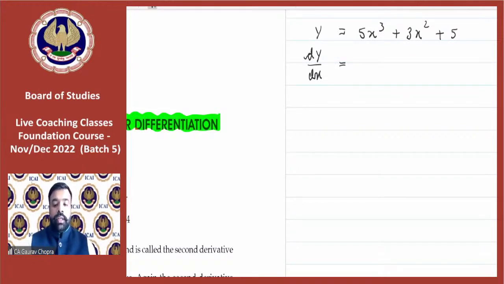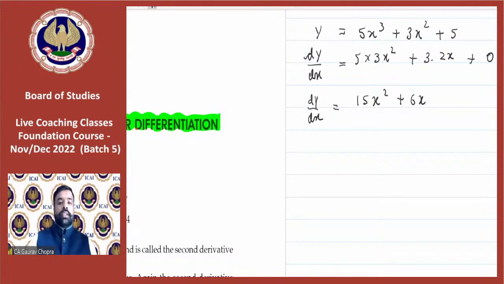For 5x cube, the derivative would be 5 multiplied by 3x square, because power reduces by 1, plus 3 as it is, x square becomes 2x. And 5 is simply a constant, and the derivative of a constant is always equal to 0. So this is simply dy by dx, which we had discussed in our first session. So what is the result? 15x square plus 6x. This was the first order derivative.